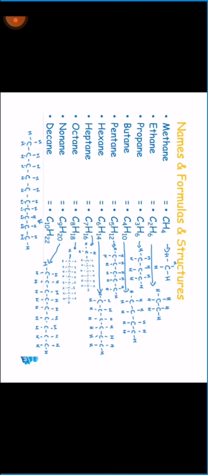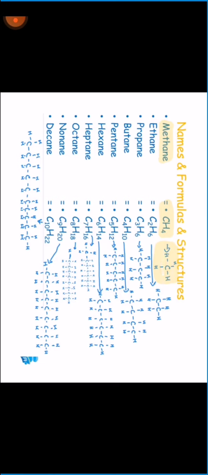So if we look at the names, formulas and structures of different alkanes, the first alkane is called methane, and it has a formula of CH4, and this is the structure here.